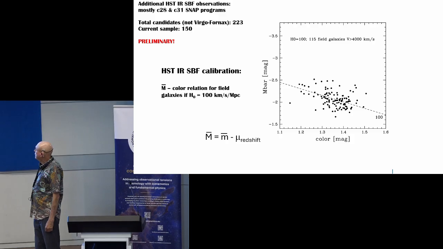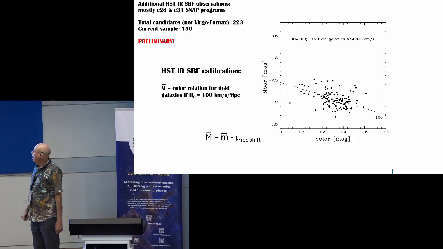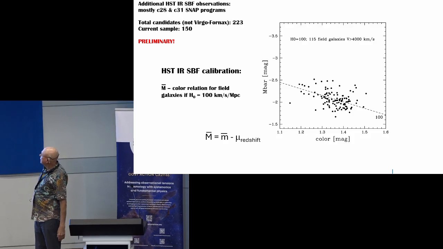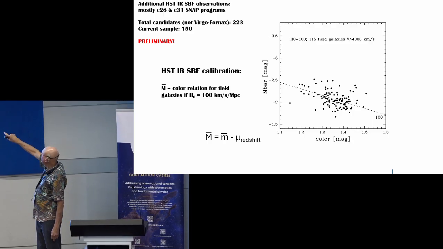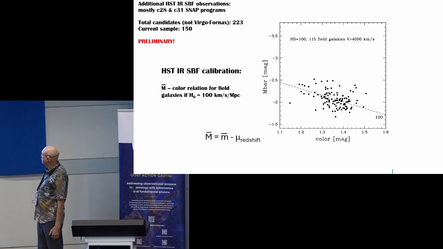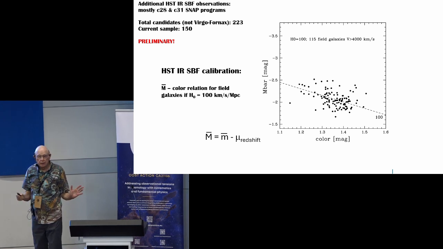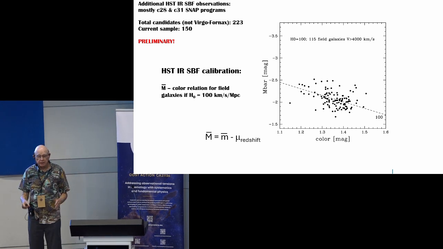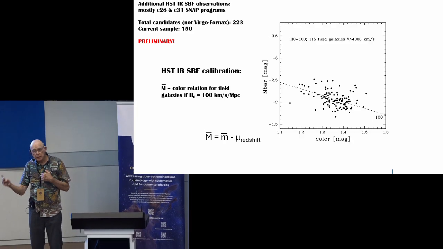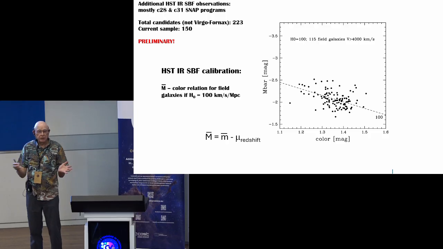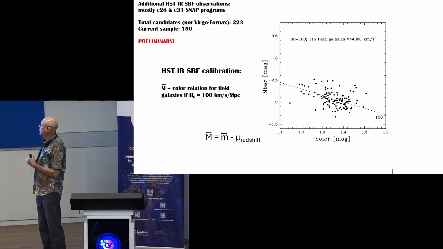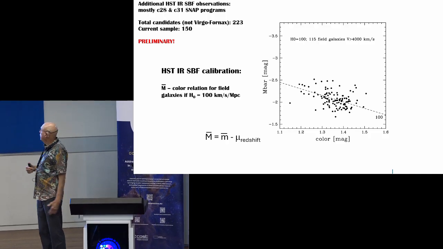Now here is preliminary data with, well, we have 150 galaxies. I think there's 115 galaxies in this sample here, 115 galaxies with velocities greater than 4,000, so that the peculiar velocities are not going to be a major effect on this plot.